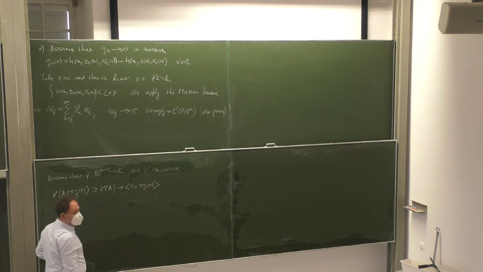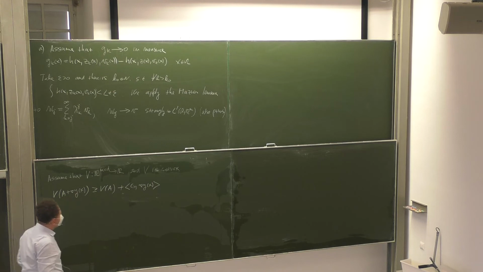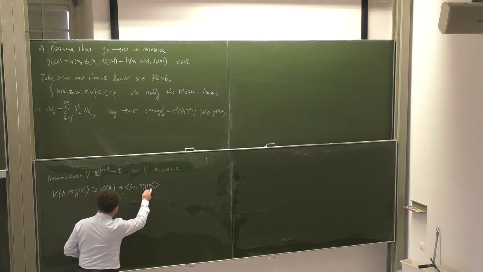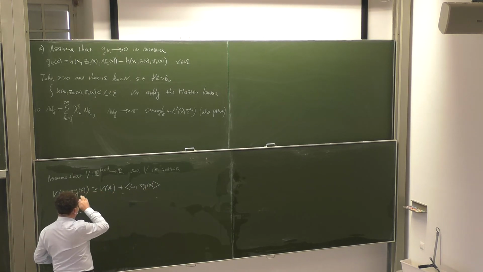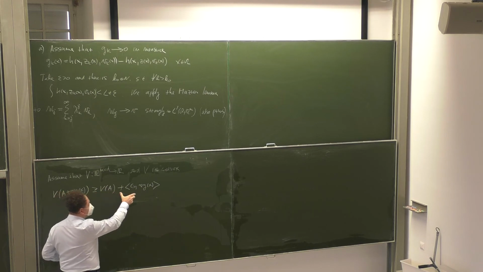This is a dot product of matrices. So this is a property of convexity: there is an affine function below this.